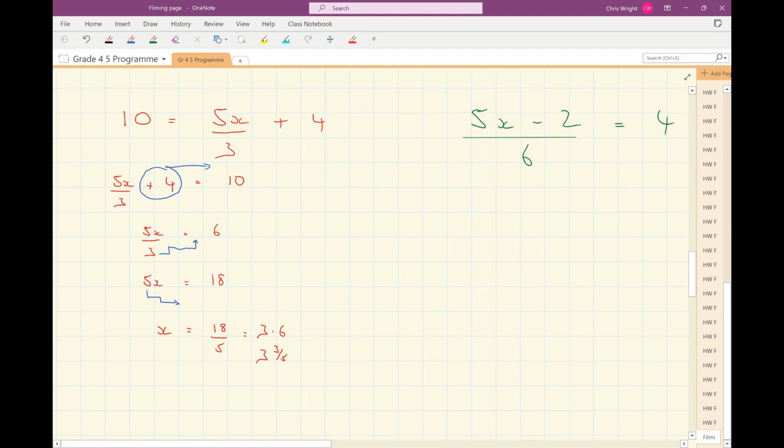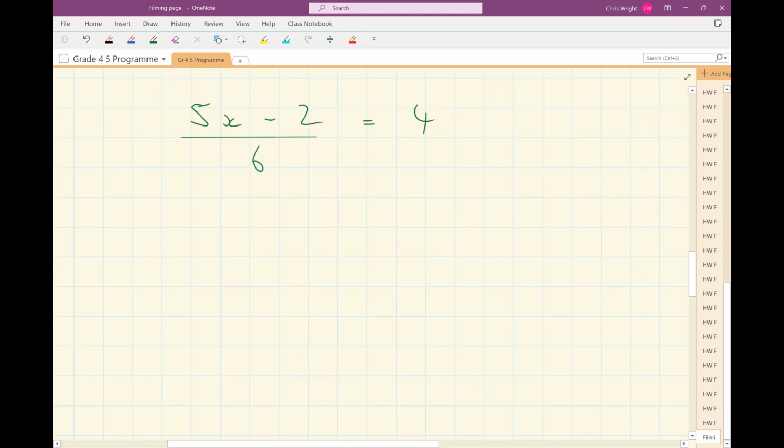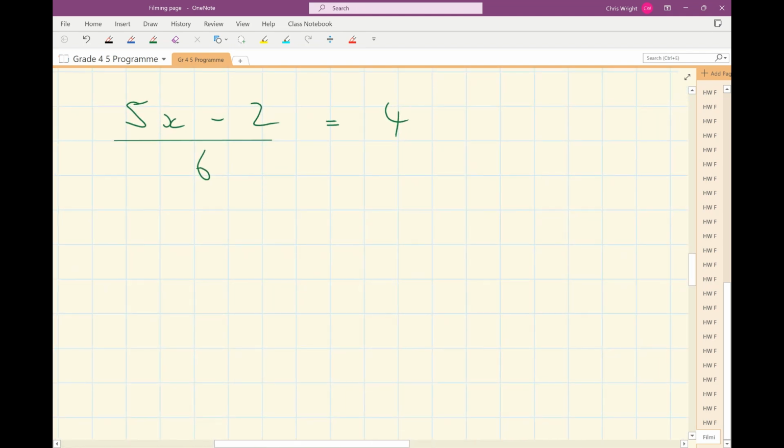Now, let's have a look at this right-hand one. 5x minus 2 all over 6 equals 4. Well, let's start by getting rid of that 6, escalating it up. So I'm going to have 5x minus 2 equals 6 times 4, 24. Now this is looking easier.